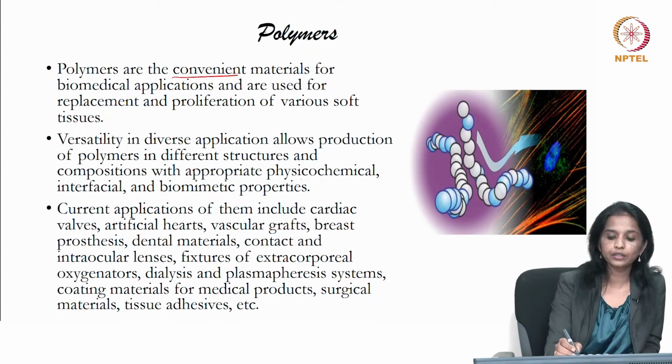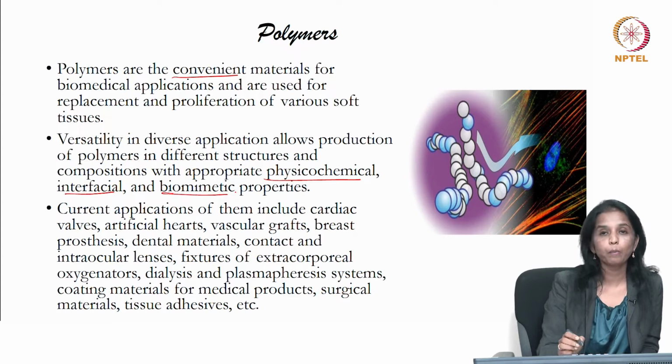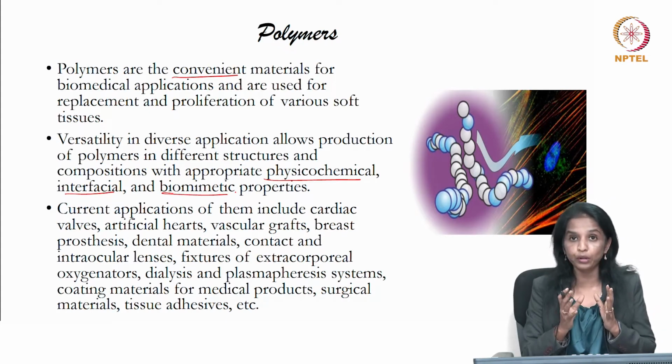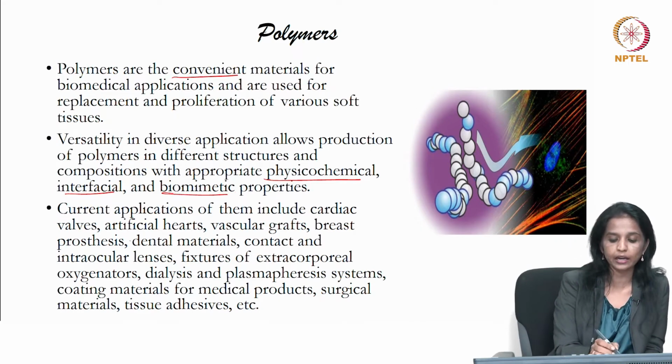So, because of its very advantageous physicochemical, interfacial and biomimetic properties, because of this versatile nature of polymers, we have a huge range of applications which the polymers can offer.